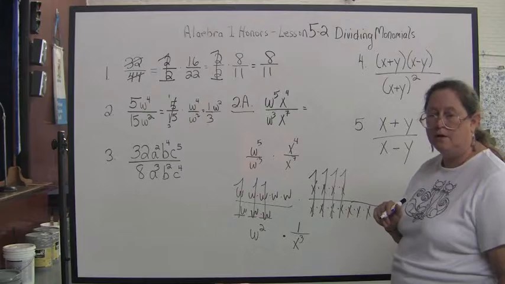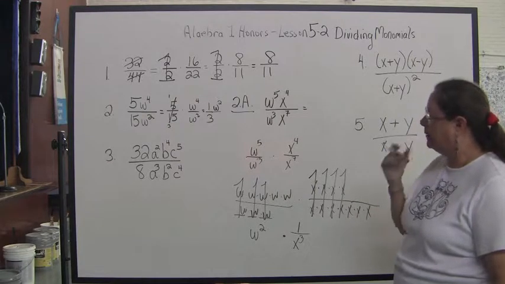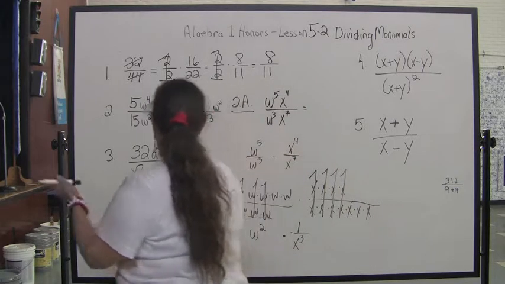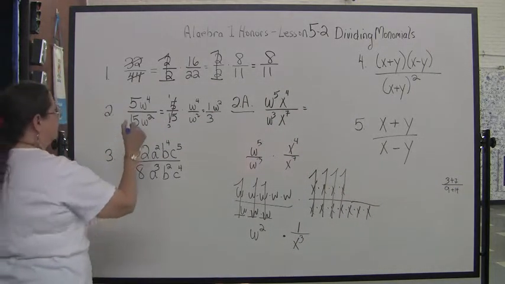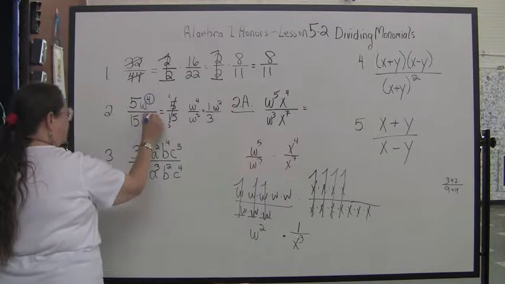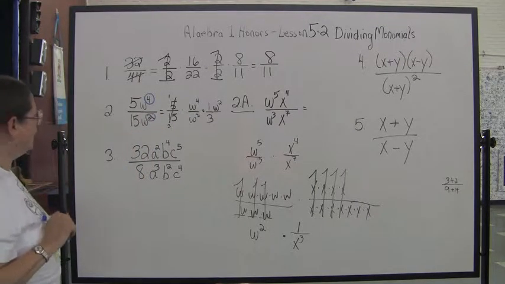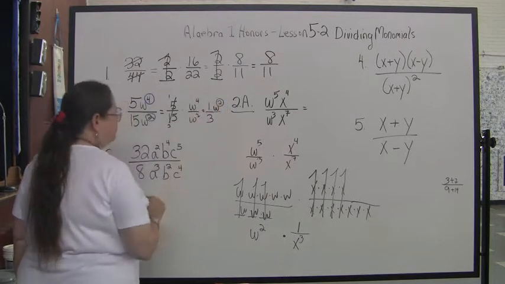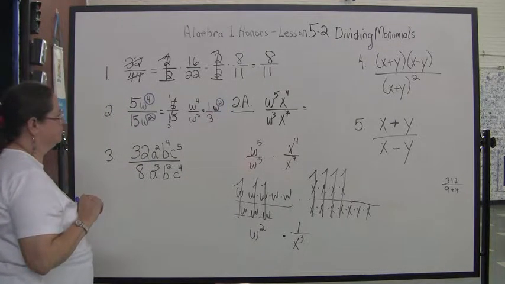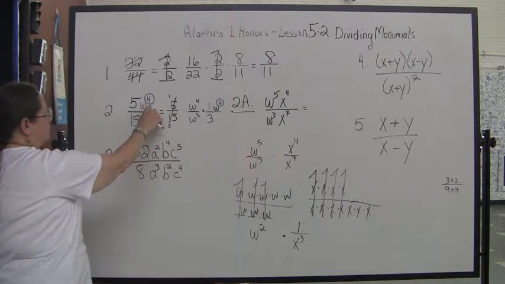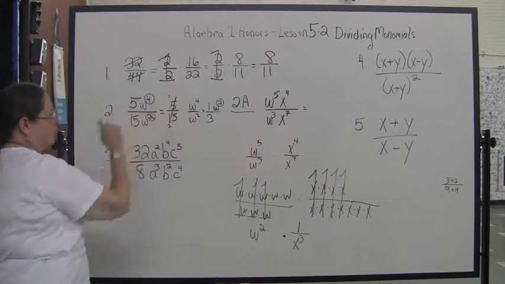Okay? Now, let's see if we see a pattern. Over here, just looking at the W's, we had W to the 4th, W squared, and we ended up in our answer with W squared. Looks like maybe if we took 2 away from 4, we might get our 2.